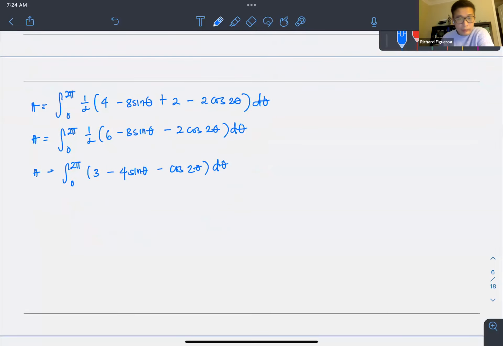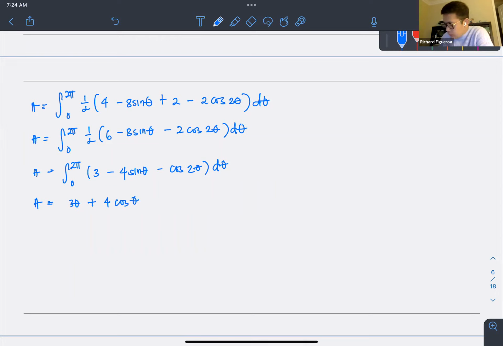And then we integrate. The integral of 3 with respect to theta is 3 theta. Minus 4, the integral of sine is negative cosine, so that would make it positive 4 cosine theta.